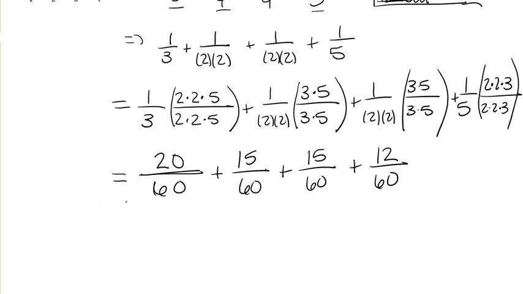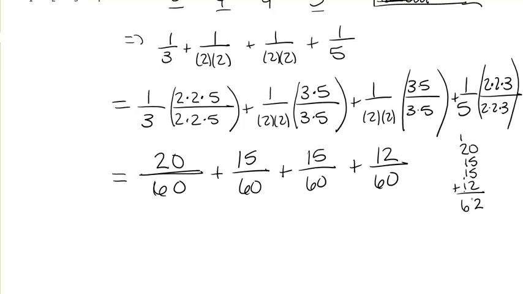In our final step, we add all these numbers together. Let's do it on the right-hand side: 20 plus 15 plus 15 plus 12. So 5 plus 5 is 10, plus 2 is 12. Carry the 1. 1 plus 2 is 3, 4, 5, and 6.